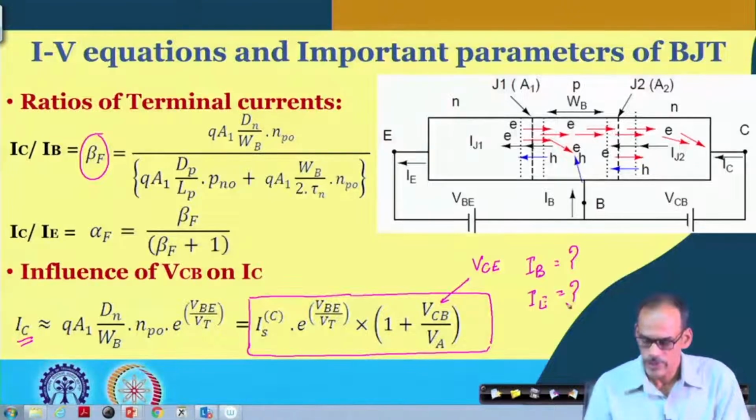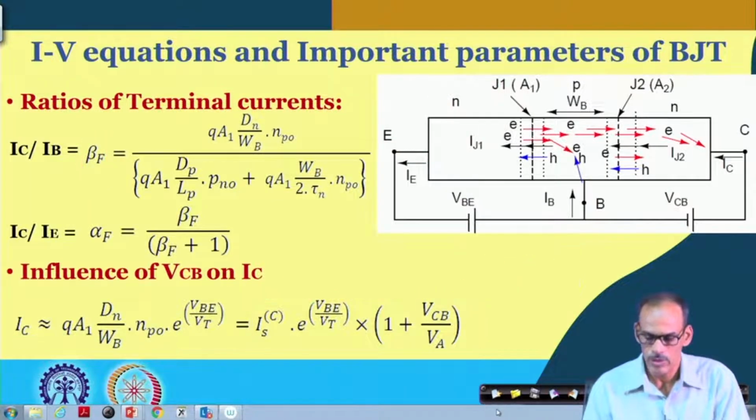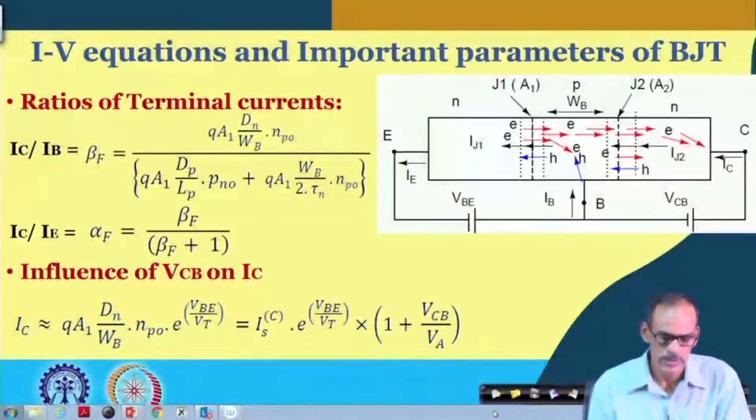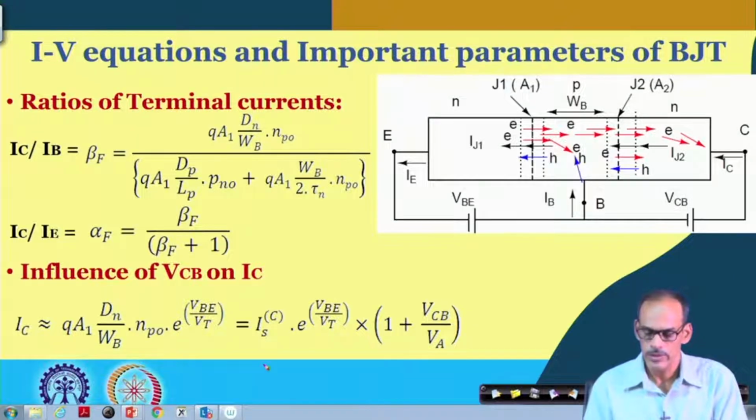So, let us move away from the device operations and detailed equations of the devices, and whatever equations we have obtained, let us go with that into the circuit, particularly a circuit where we do have the BJT.